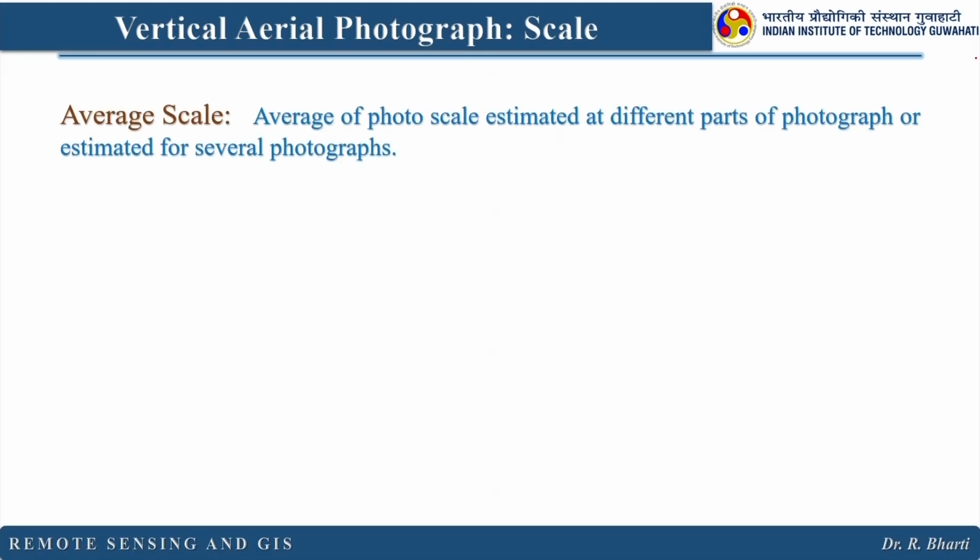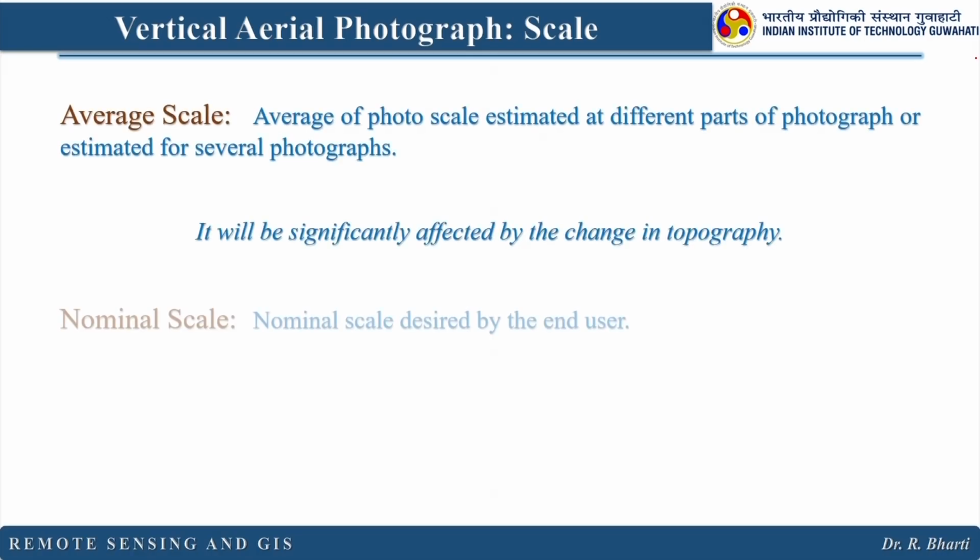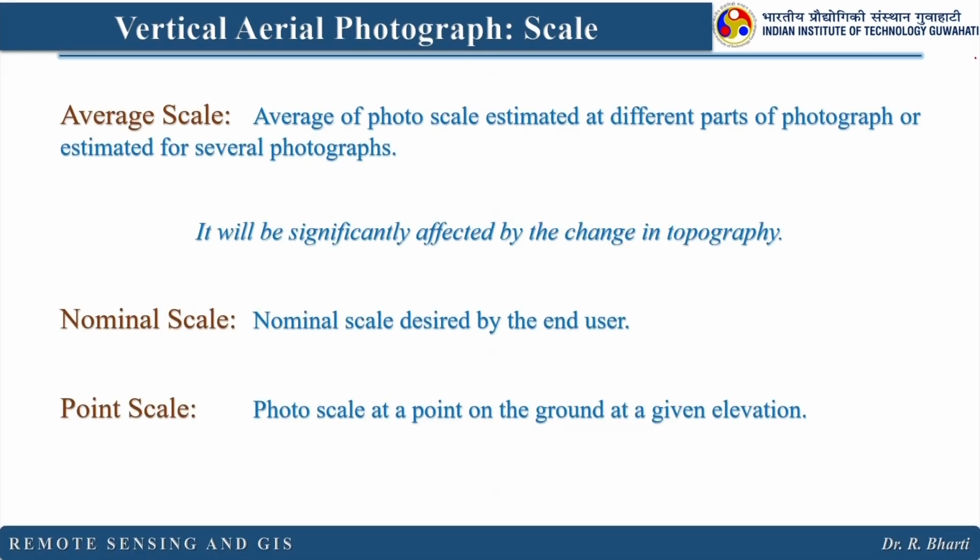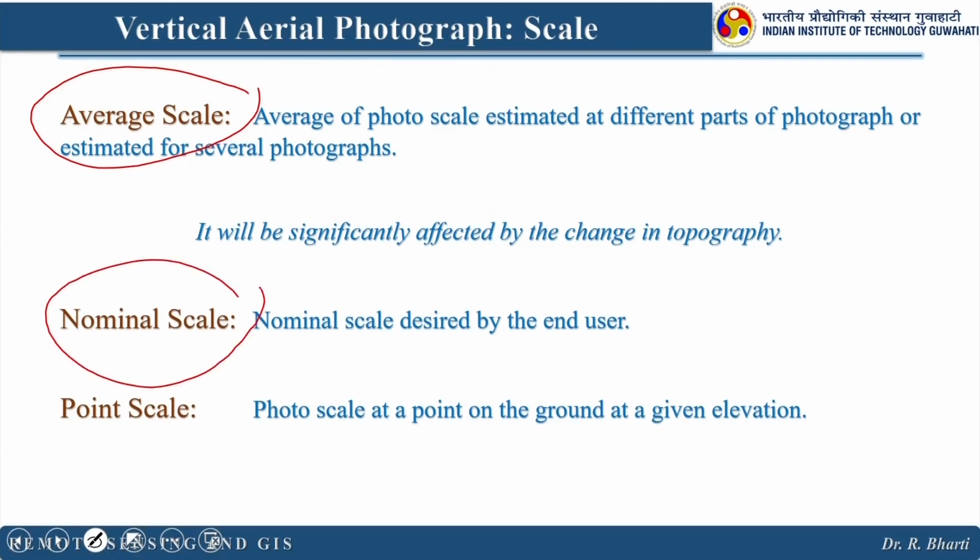Let us understand the different types of scale which are available. Average scale is for the whole image, because sometimes you have to report the average scale, or scale, of the photograph, but sometimes you have to use nominal scale, and sometimes point scale.